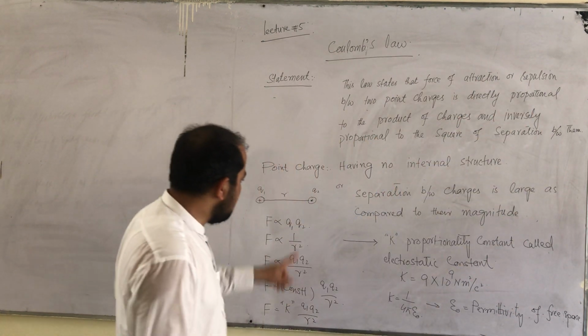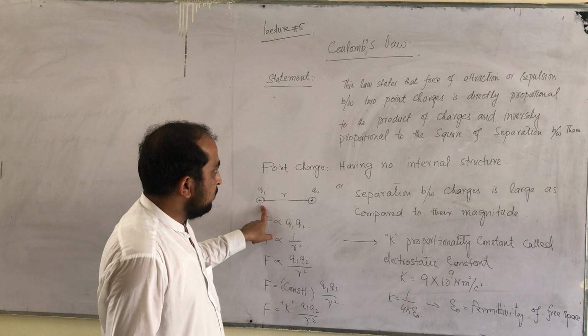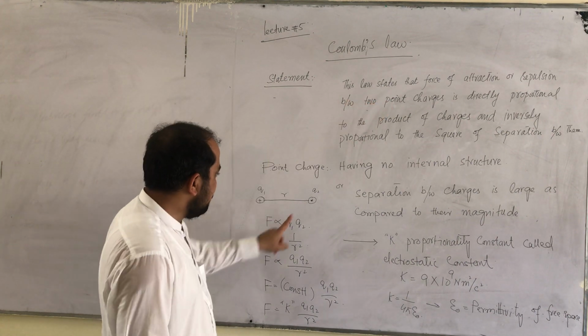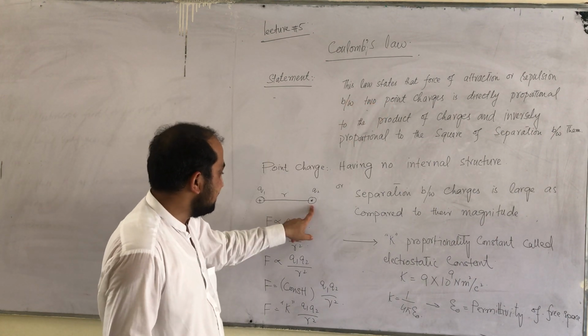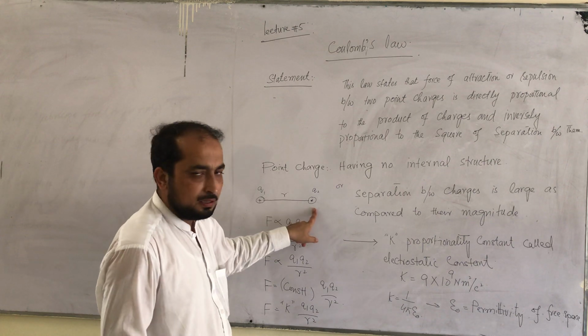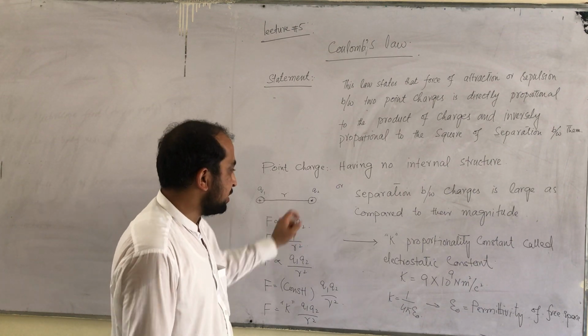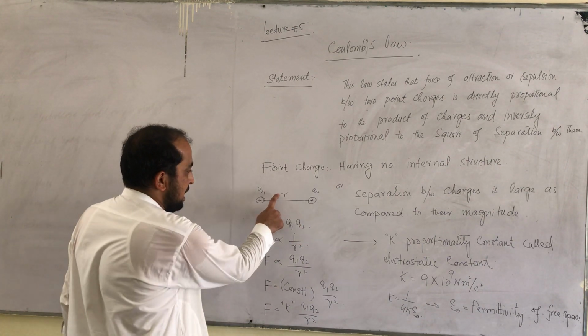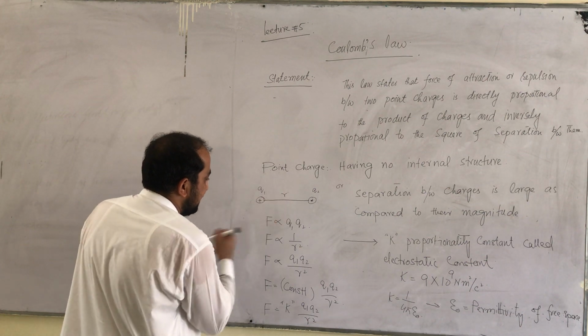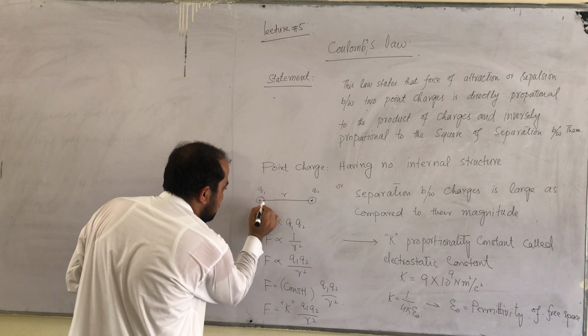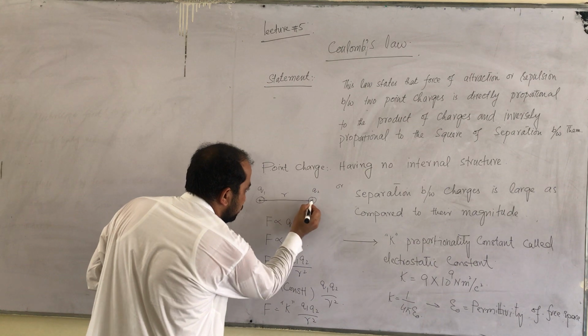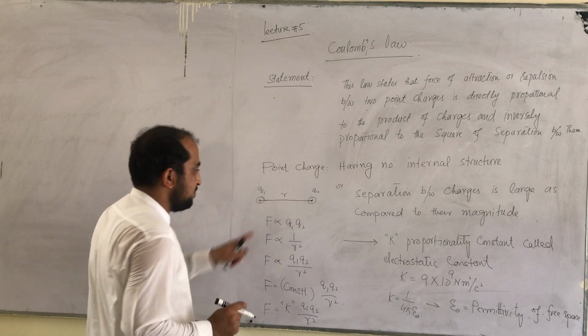So if the charges are the same, the force will be repulsive. If the charges are opposite, means plus and minus, at that time the force will be attractive. This R is the separation between the centers of the 2 point charges.